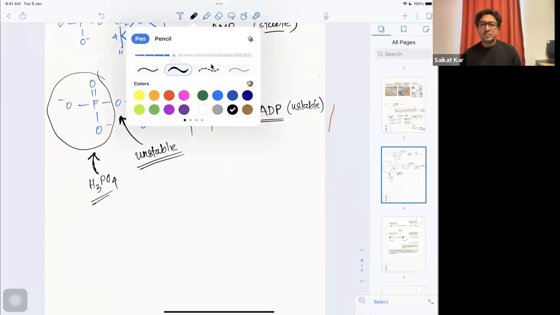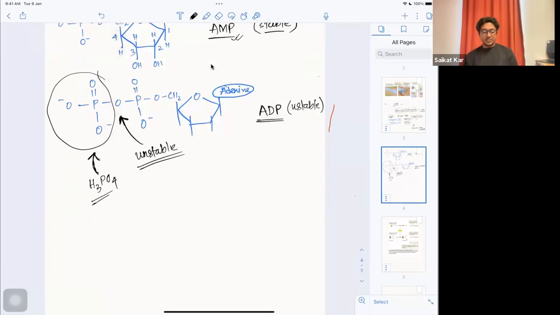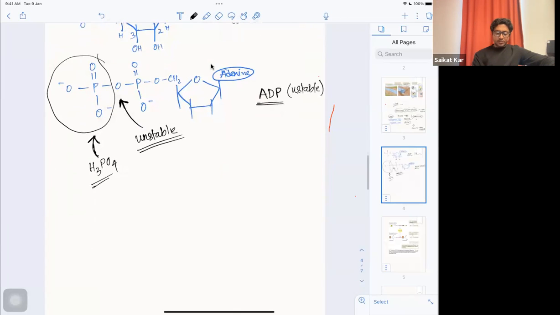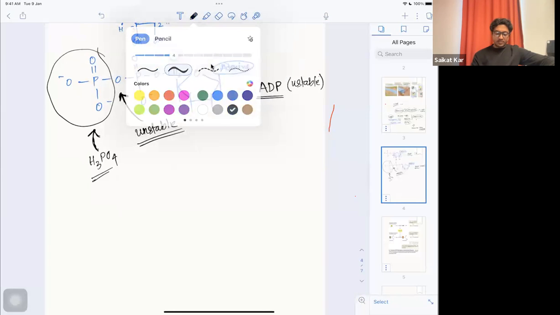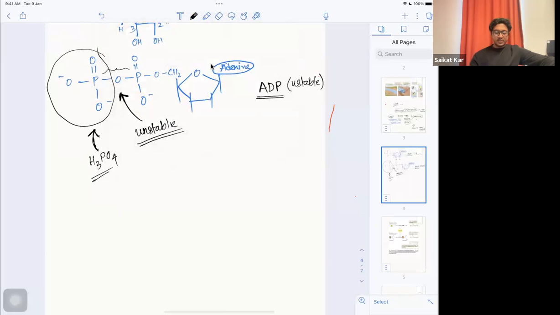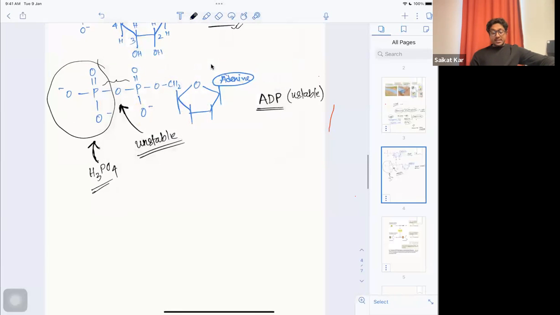There are some questions on how this structure is unstable. I'm saying this bond is more unstable when you attach one phosphate with another phosphate with the help of a phosphoester kind of linkage. Instability and stability is determined by resonance formation, or how to stabilize these charges.